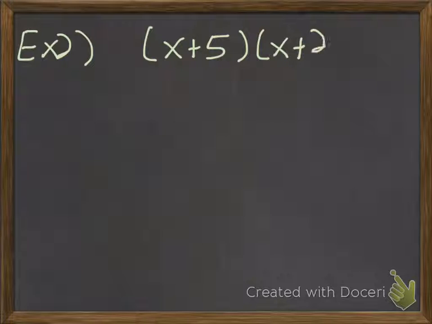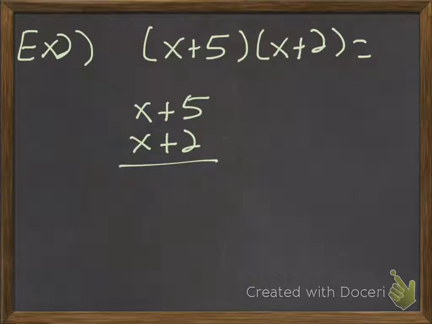Example 2, one more easy one. X plus 5 times x plus 2. So here we have, I'm just going to be quiet and show you the work. So 5 times 2 is 10.